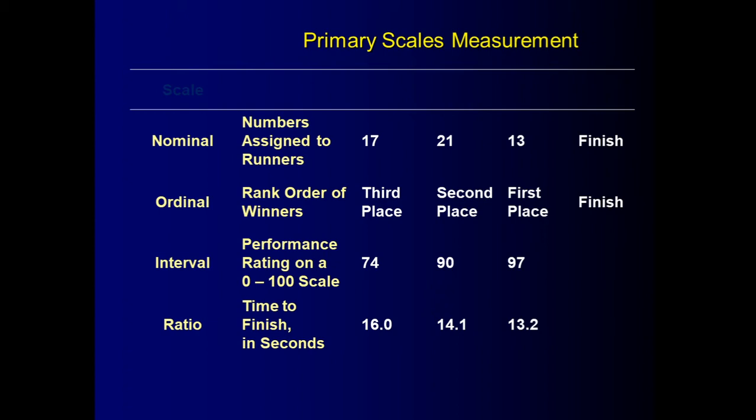Now we are getting into the summary of this measurement concept. Numbers are assigned to the runners. That was the example we had seen. This is the 17th player, 21st player, 13th player, until they go to the last number. But these numbers do not have any mathematical values. That's why it's called nominal.